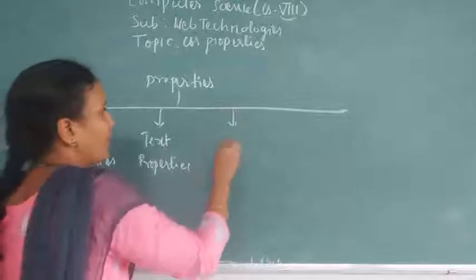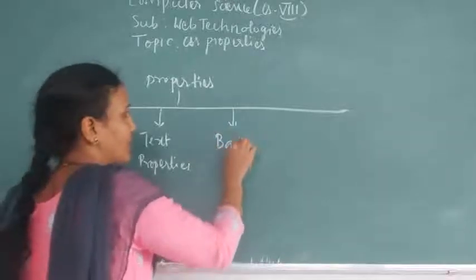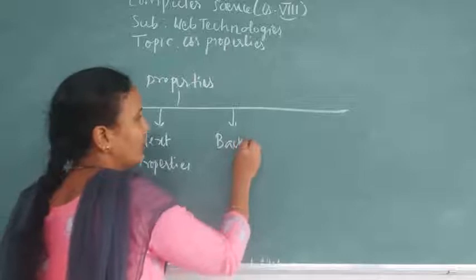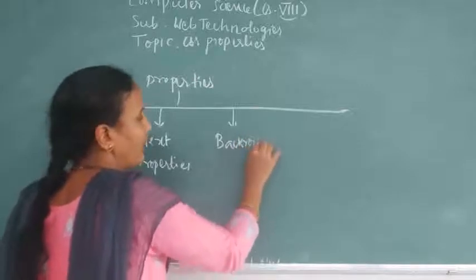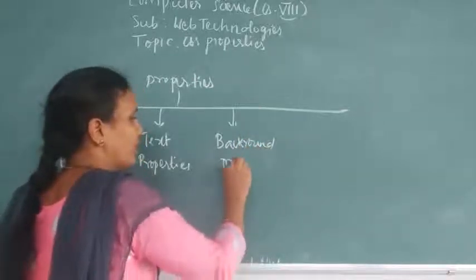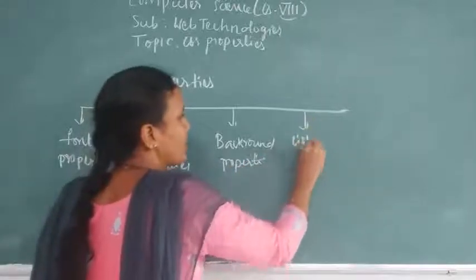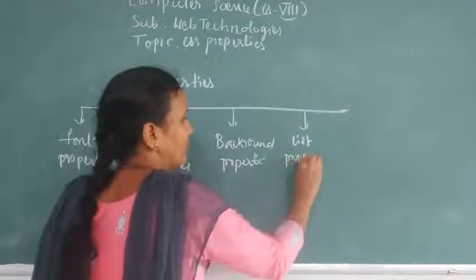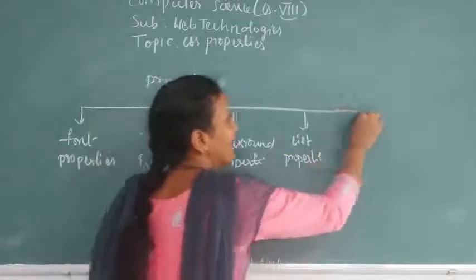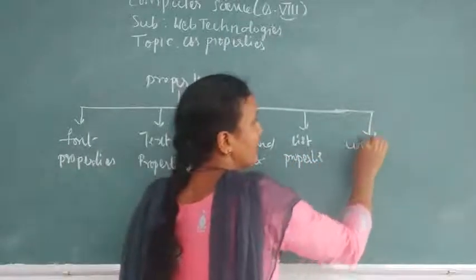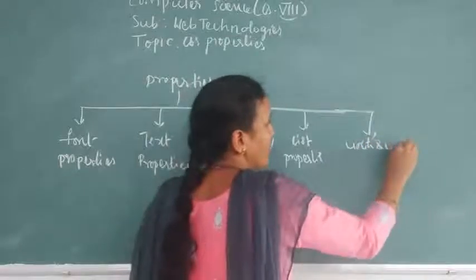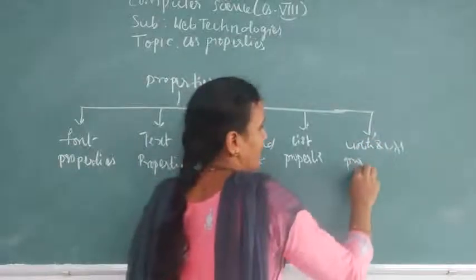Next, background properties. Next, list properties. Next, units and URL properties.